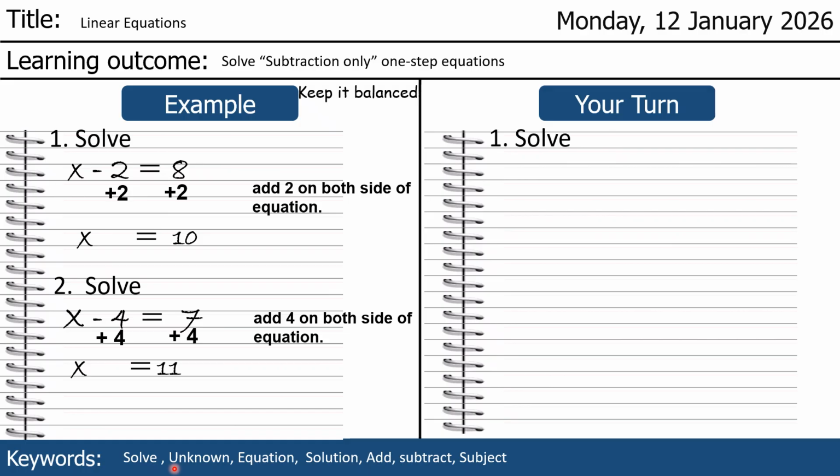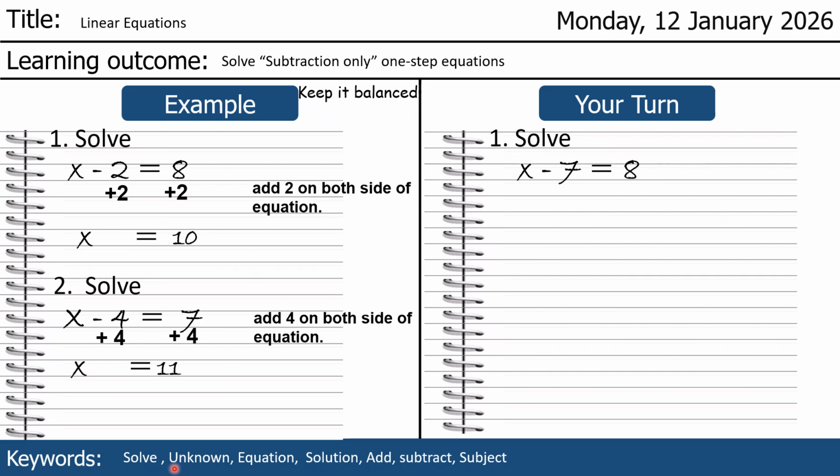Here we have some examples. How about trying these? You can pause the video and have a go at them. So here we have x minus 7 being equal to 8, and to reverse subtracting 7 you have to add 7.